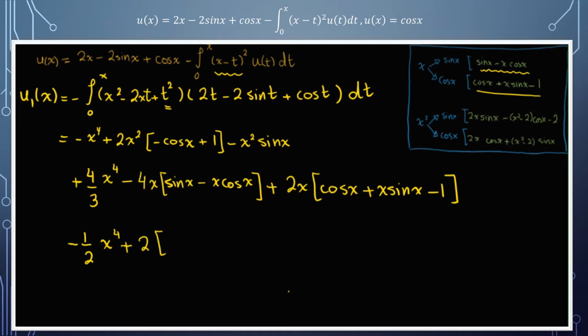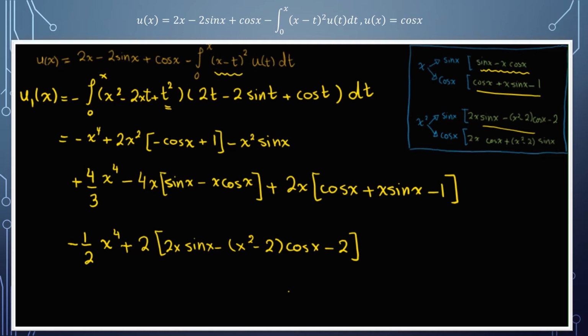Okay, so the integration of t squared sine t, I write it here, so let's write it down the same, which is 2x sine x minus x squared minus 2 cosine x minus 2.